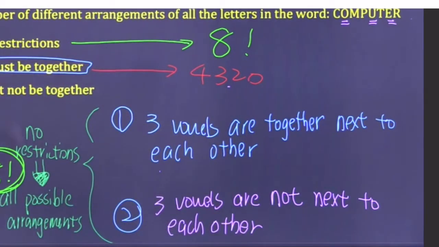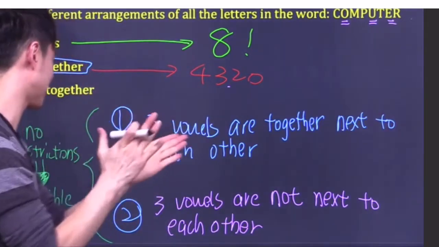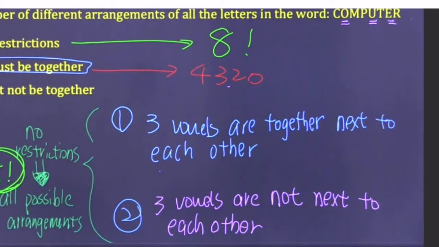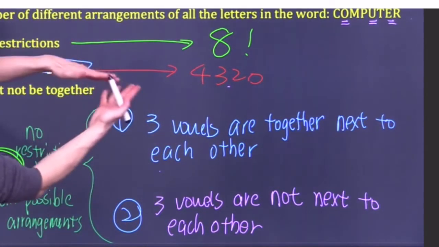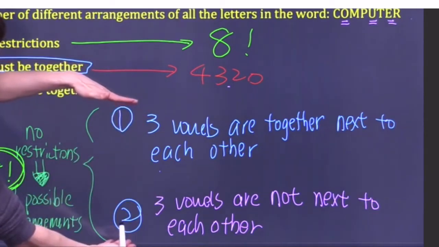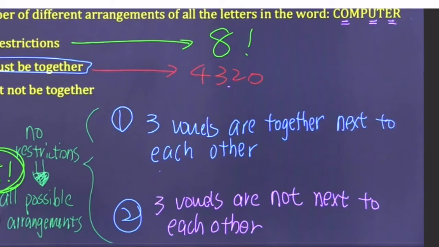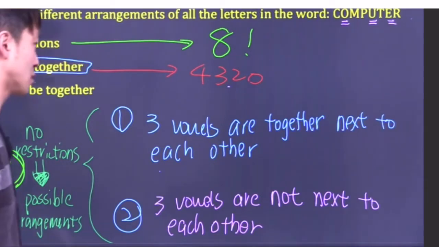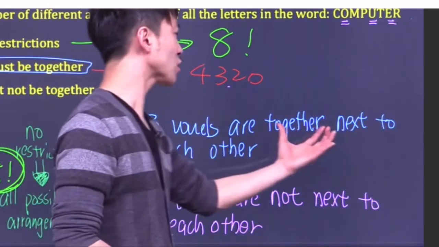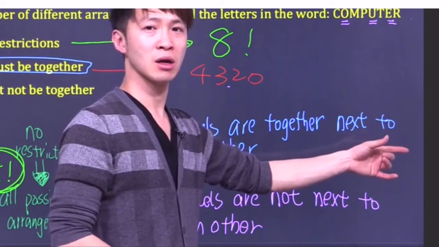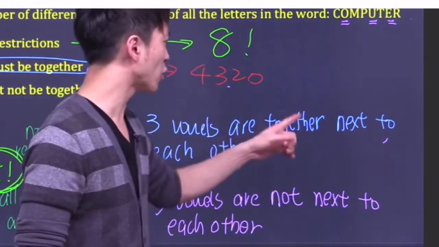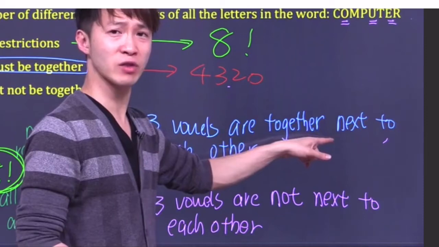Here it is, guys. If we add up these two cases, that represents what? All the possibilities. Which is how many possible arrangements? A factorial arrangements. For three vowels to be all together next to each other, didn't we already find out the number of arrangements for the first case?